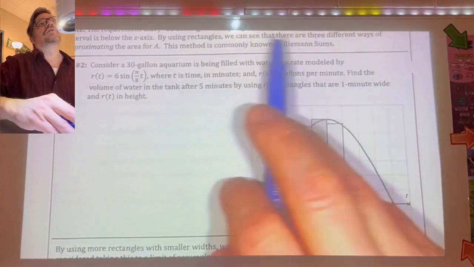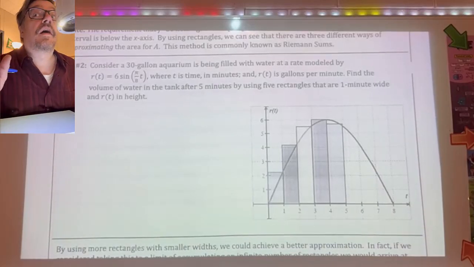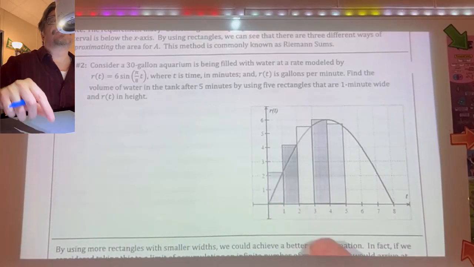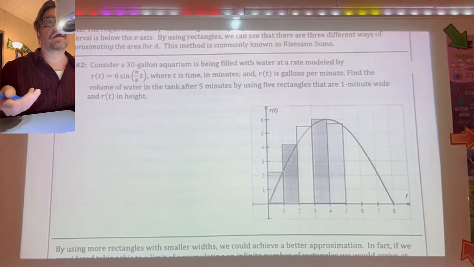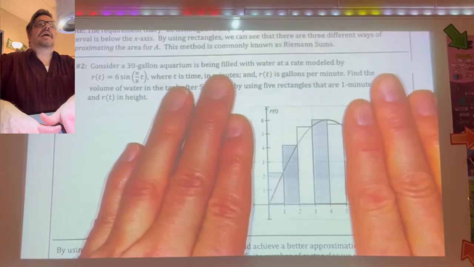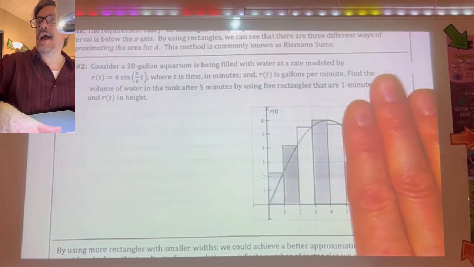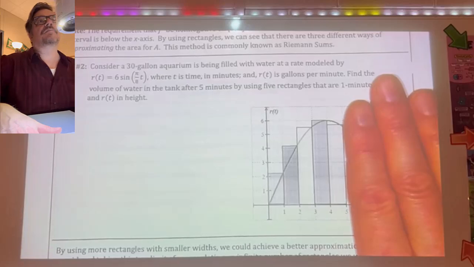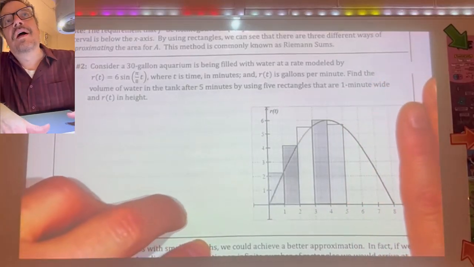Okay. So what we're going to do is use rectangles now because we know how to calculate that area. We're going to use rectangles to get an estimate of the area under the curve. Would you agree that if I did calculate the area of these rectangles, that could give me an estimate of what's under the curve? Yeah, definitely. And then we would just keep going if we needed the whole domain from 0 to 8.